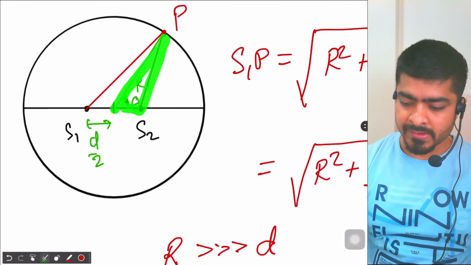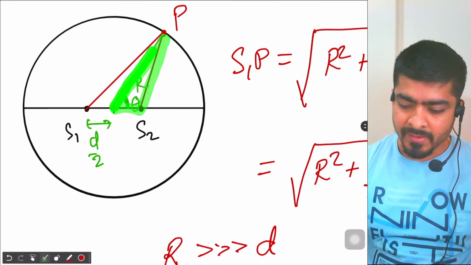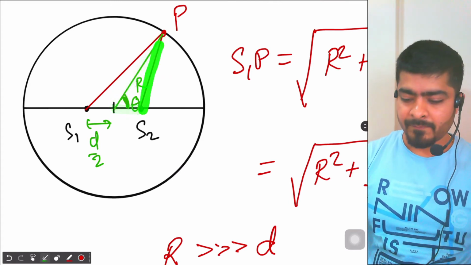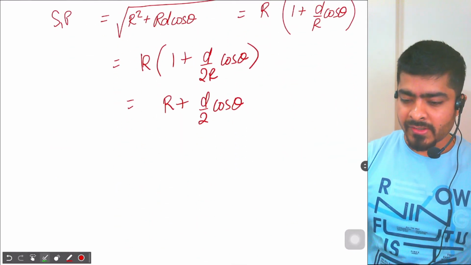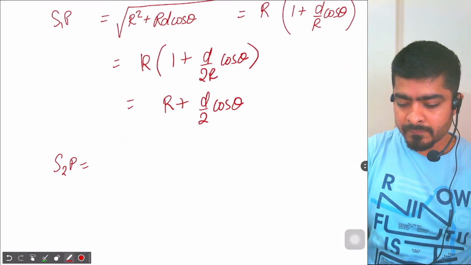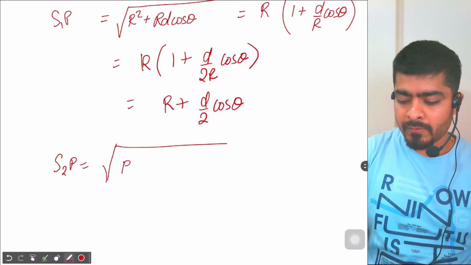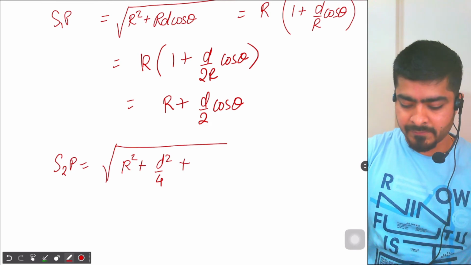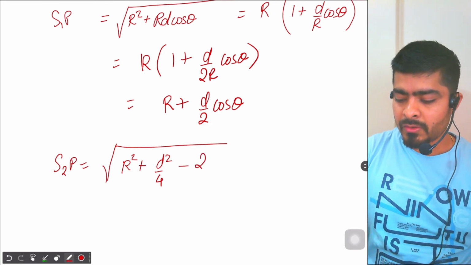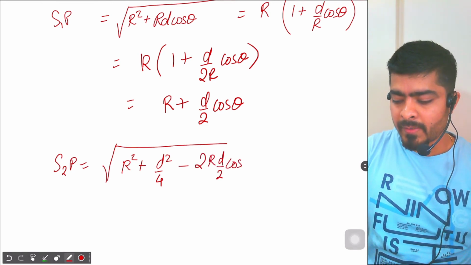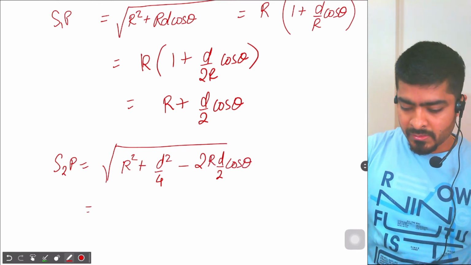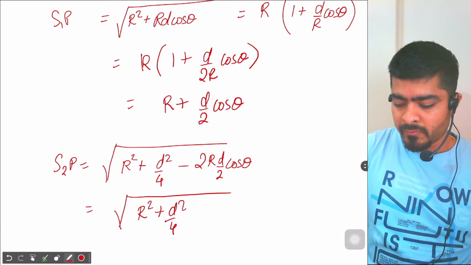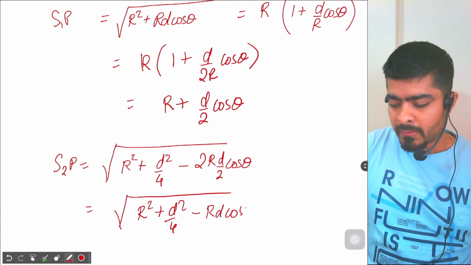Now similarly, let's calculate S2P. Look at this triangle. One side is r, another side is d by 2, and we have to calculate the third side, and the angle over here is theta. So S2P will be equal to root of r square plus d square by 4 minus 2r d by 2 cos theta, which is root of r square plus d square by 4 minus rd cos theta.